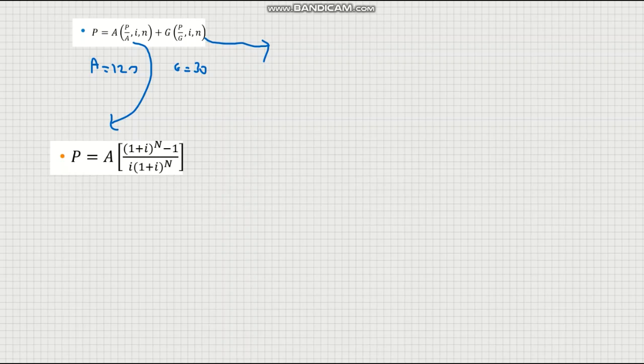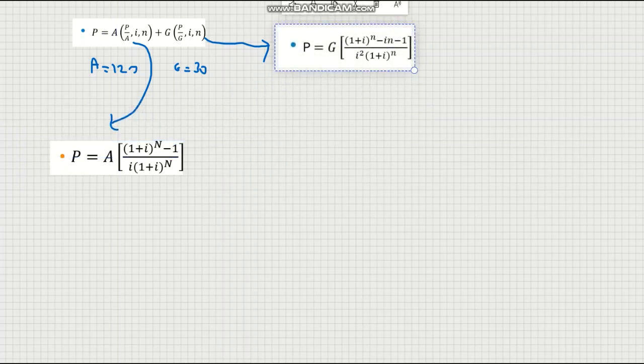And recently we learned in this class, if we have the arithmetic increase, we can convert this term into the present value. So if I add these two present values, then I will find the total present value.